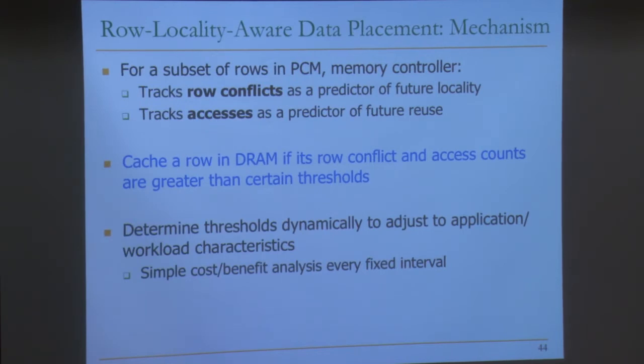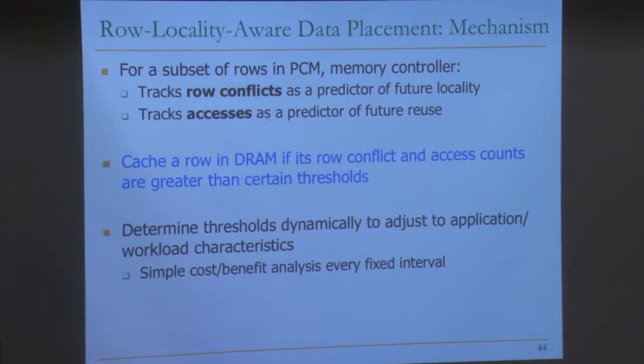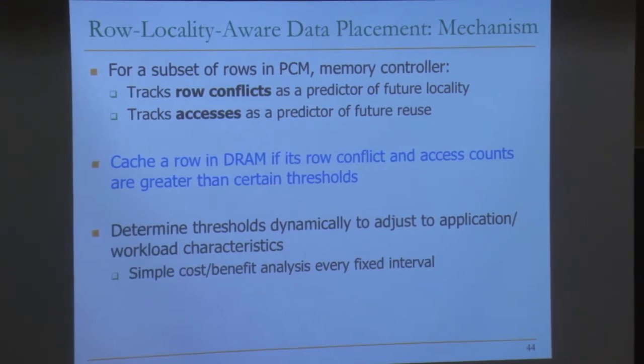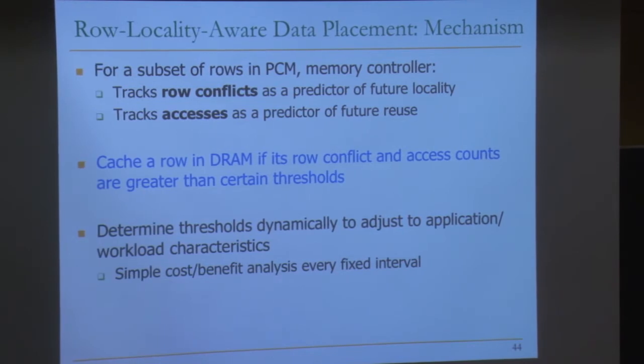So the idea here is, for a subset of rows in phase change memory, we want to track some statistics, because we have to determine which data to cache. One is the number of row conflicts that data has received, and we'll use this to predict future locality.